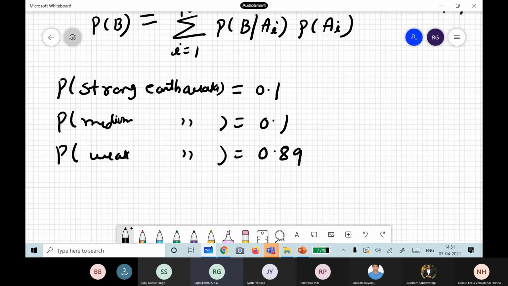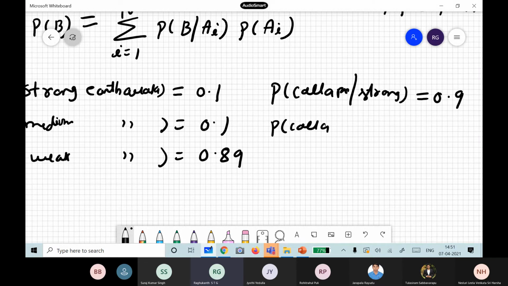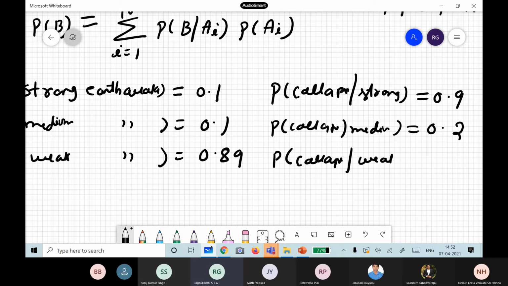We also know the probability of my structure collapsing for a strong earthquake. From the damage data I can estimate this as 0.9. The probability of collapse for medium earthquakes is 0.2. Then the probability of collapse for a weak earthquake is some 0.01. So these are the numbers.